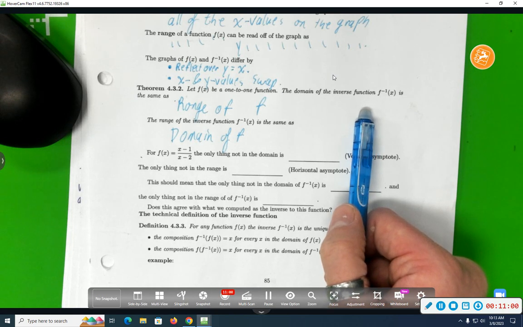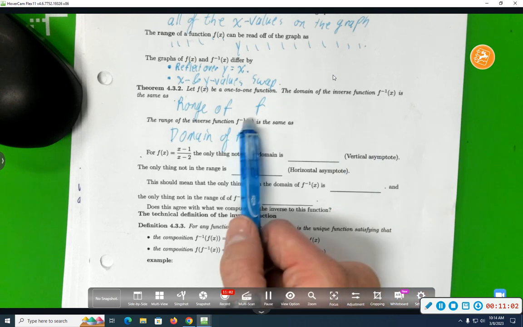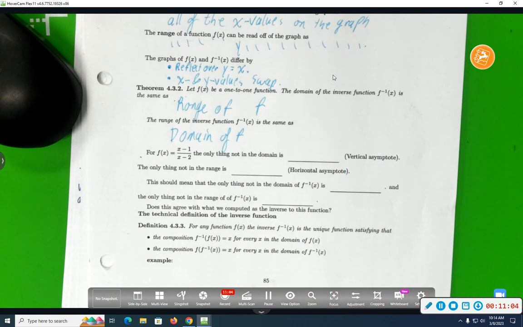That's the same as all of the y values on the original graph. That's the range of the original function. And the same thing goes the opposite way too. So domains and ranges swap for inverse functions, and the reason that they do that is because the x and y values on the graph swap. Feel pretty good? Nice.